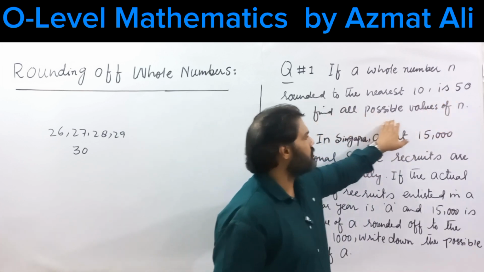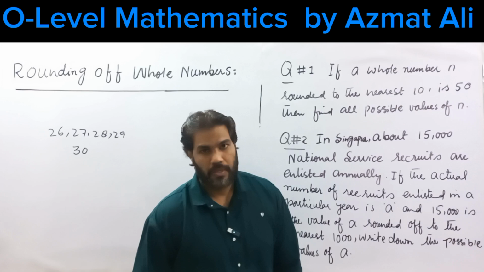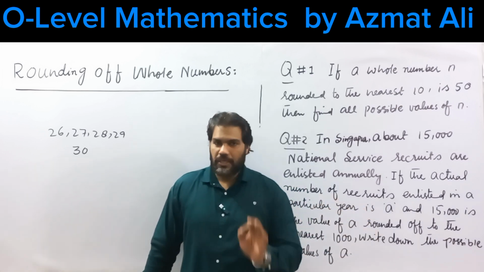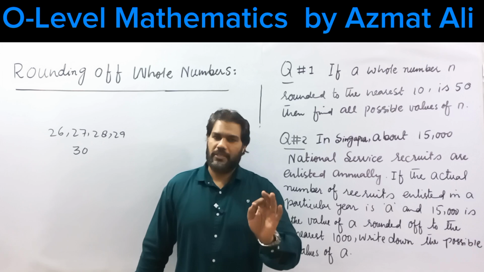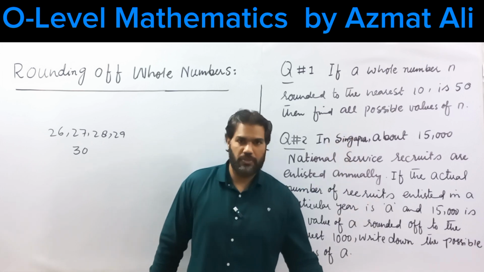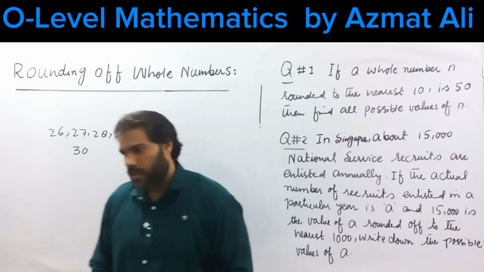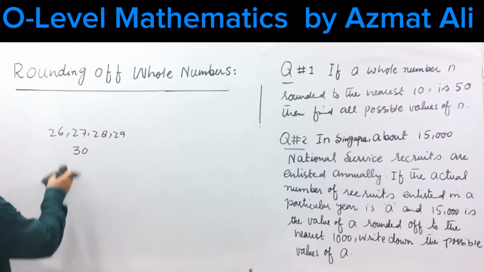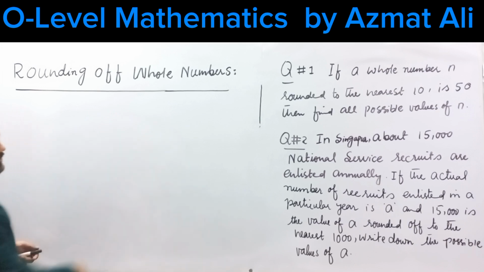Then find all possible values of n. To solve this question, firstly I will share a very easy and very simple trick that you can apply in all of these parts, and later I will also share the concept of the question.